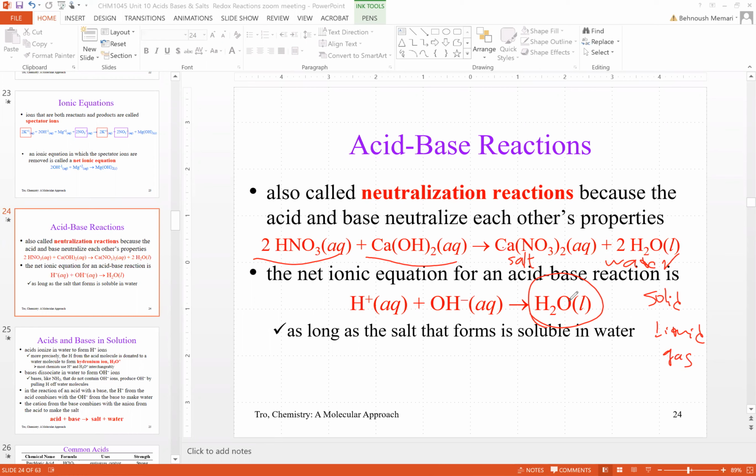So if the salt is a soluble salt, then the net ionic equation for an acid-base reaction is going to be H plus OH minus yields water. So acid plus base gives salt and water. H plus sometimes is also known as H3O plus.